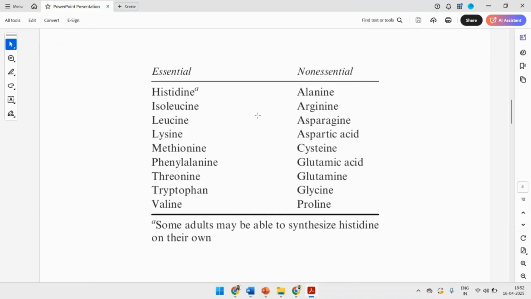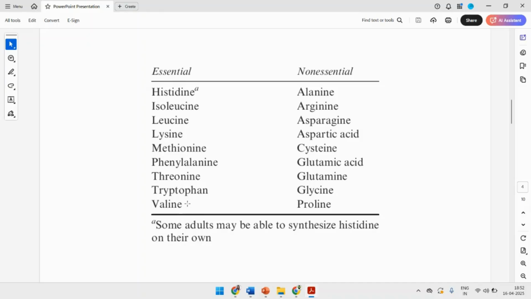First of all, what are essential amino acids? Basically we have 9 essential amino acids which are not synthesized by mammals, but they are very much essential in our diet. They are said to be indispensable nutrients, meaning we definitely need these in the diet, but the body cannot make them.